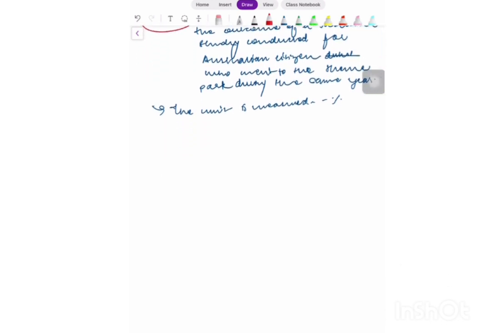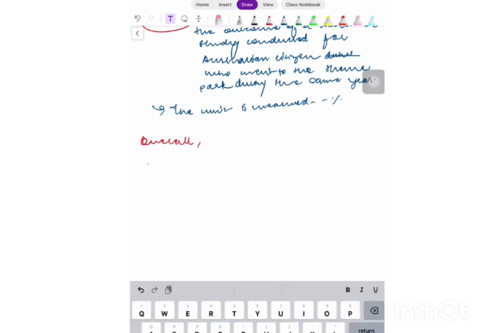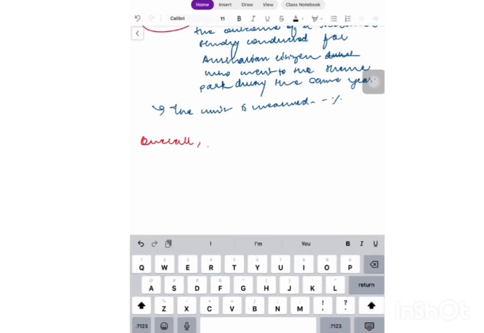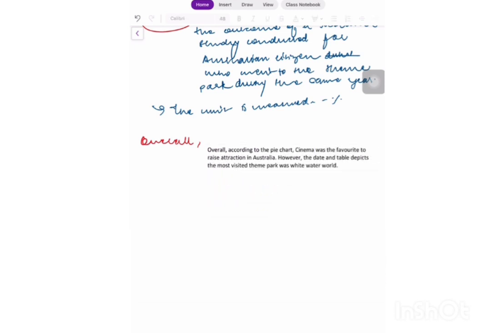Okay, so how are we going to write the overall now? Overall, let's type it now. So here what we have said is that overall, according to the pie chart, cinema was the favorite tourist attraction in Australia.